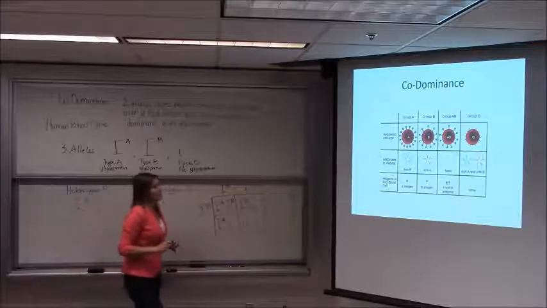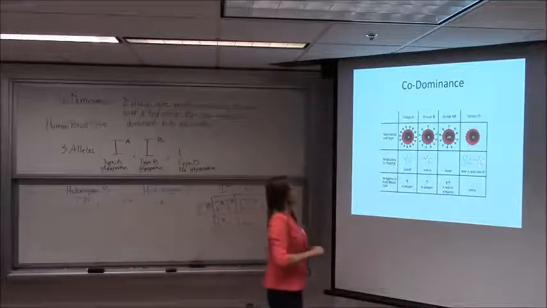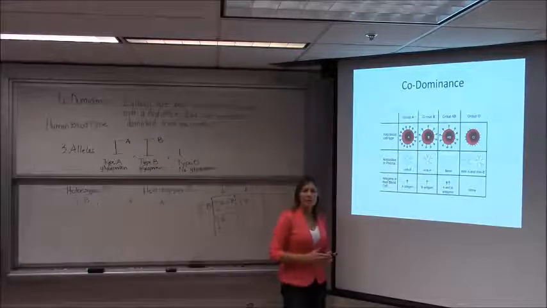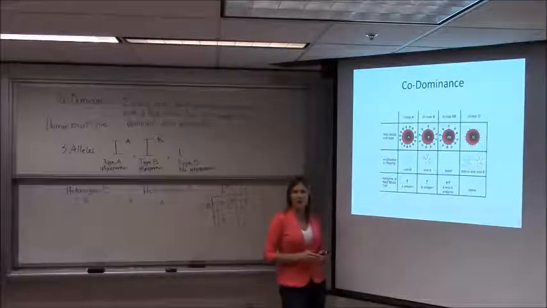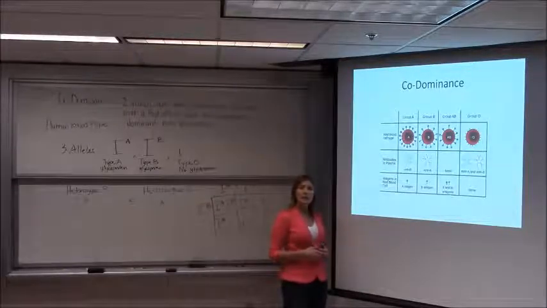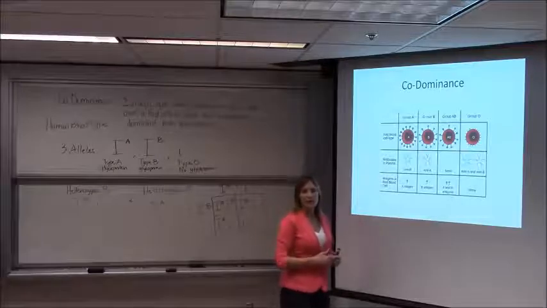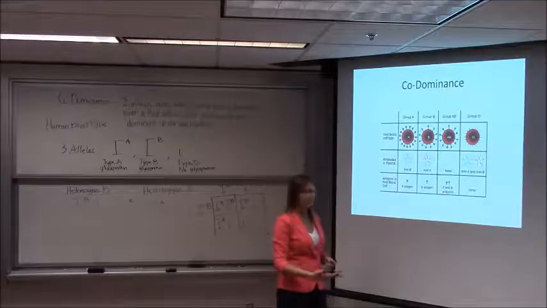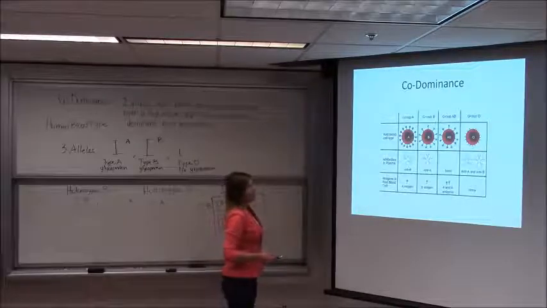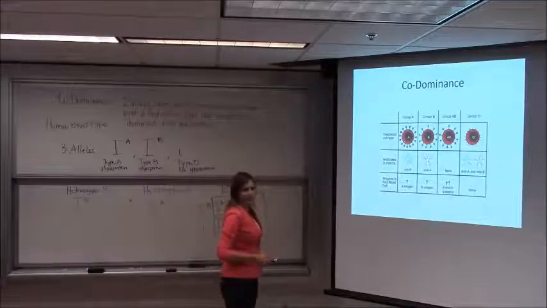So talking about who can donate to whom, we need to think about our immune system. And the purpose of those cell surface markers is so we recognize self. We recognize blood cells that are our type, and we fight off blood cells that are a different type. If you're type O, it means you have no cell surface markers.